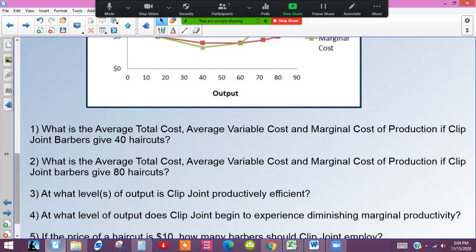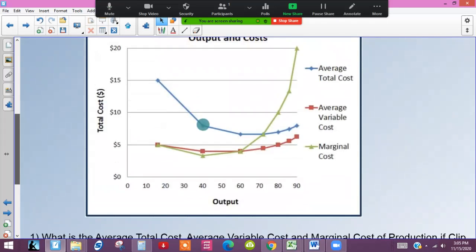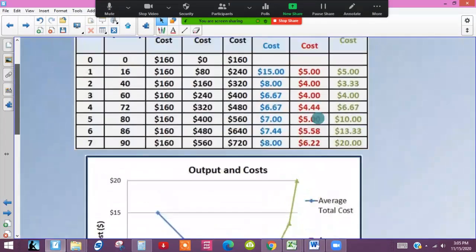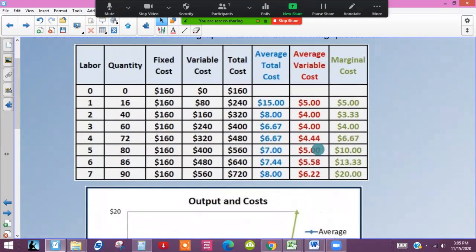Okay. So if we look up here, that's going to be right in here. Okay. So it's going to be the quantities of 60 to 72, where our average total cost is at its minimum. Okay.